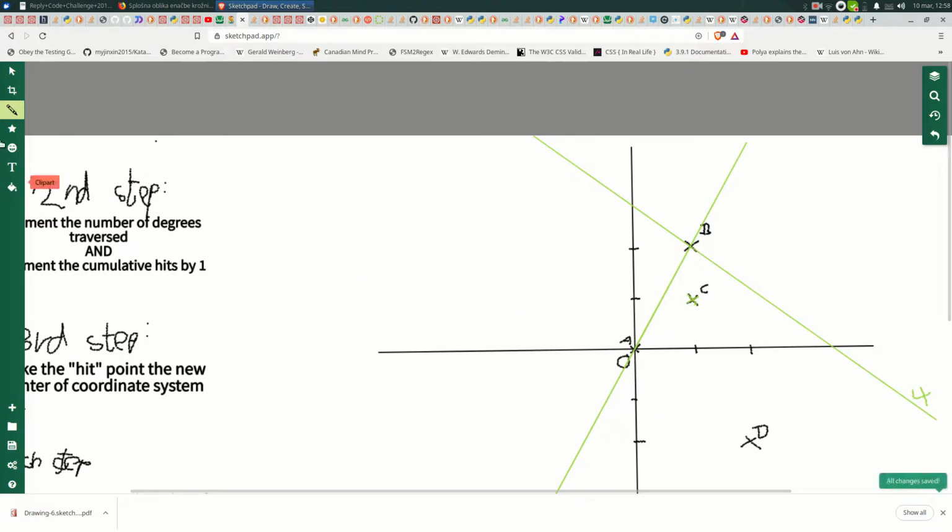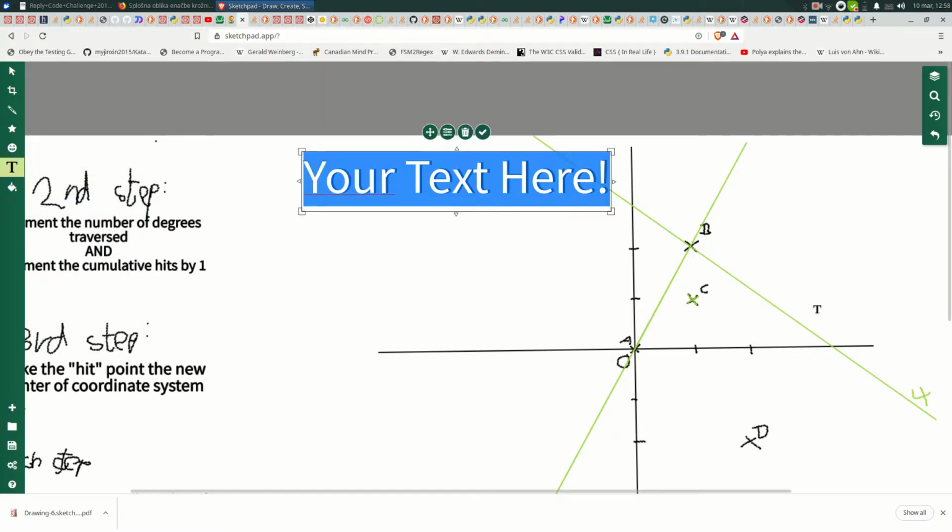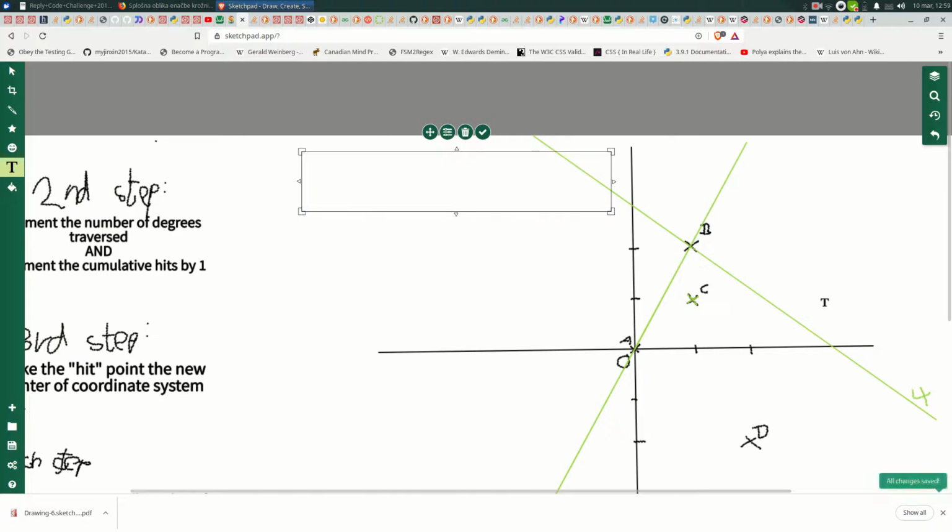Because at first, let's just use how they were at first. Before, A was 0 0, B was 1 2, C was 1 1, and D was 2 minus 2.